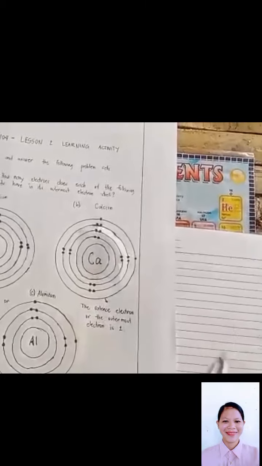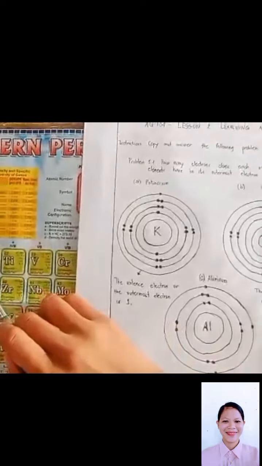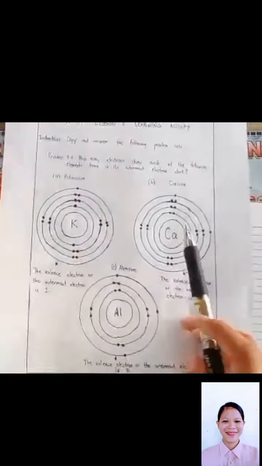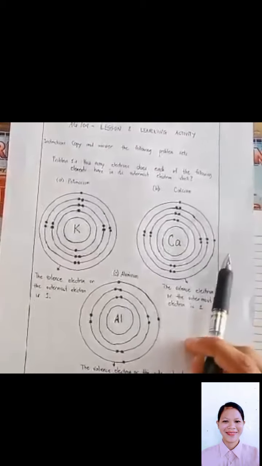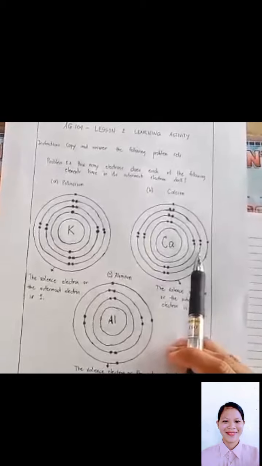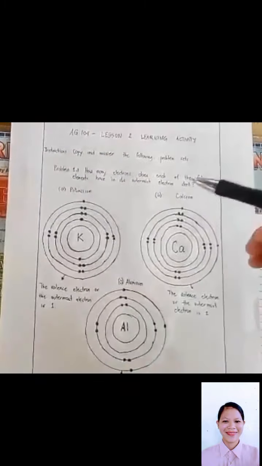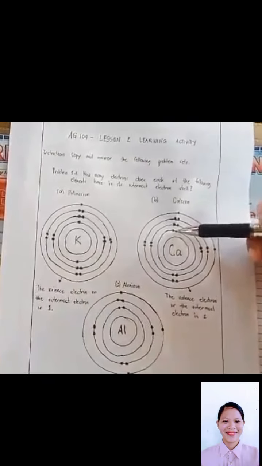Calcium. Calcium has an atomic number of 20, which means there are 20 electrons to plot in the orbital rings using the Bohr model of an atom. First, the first ring can hold 2 electrons.